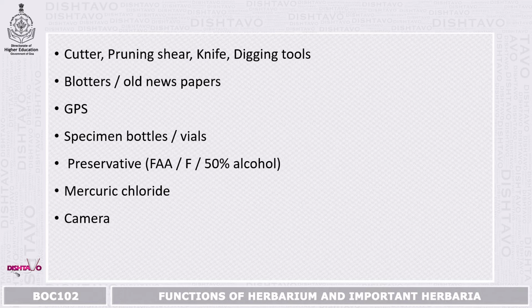You can use FAA, which is prepared using formalin, acetic acid and alcohol, or formalin or 50% alcohol. Apart from this, a preservative commonly used is mercuric chloride, and you also need a camera to photograph the specimen in the field.